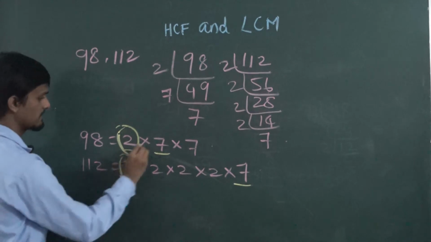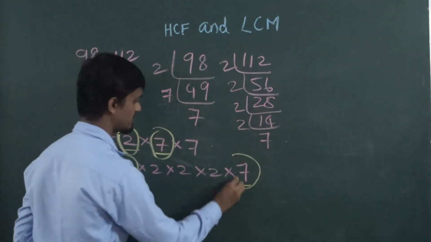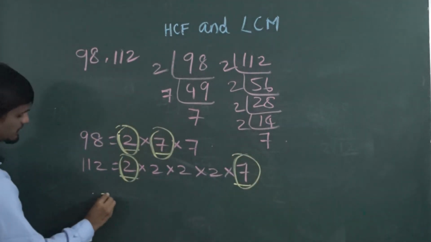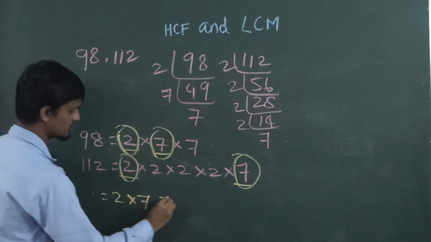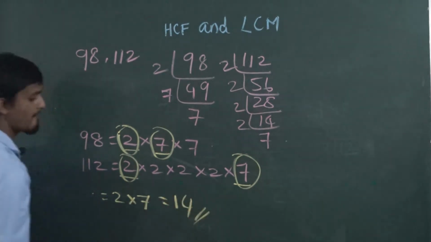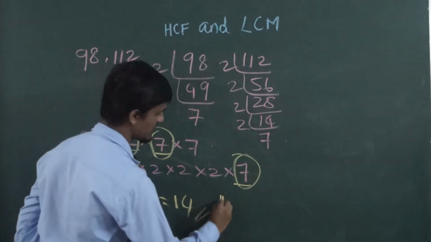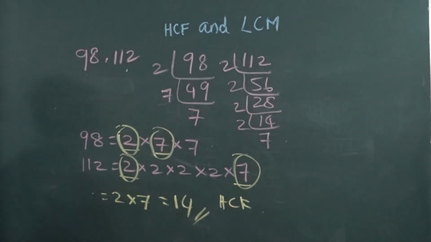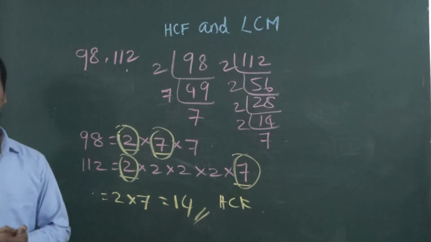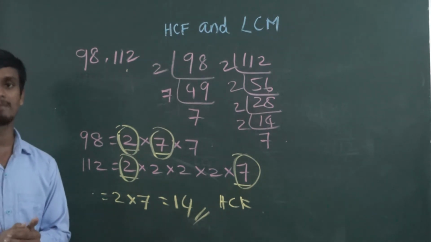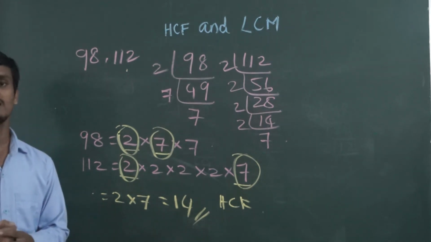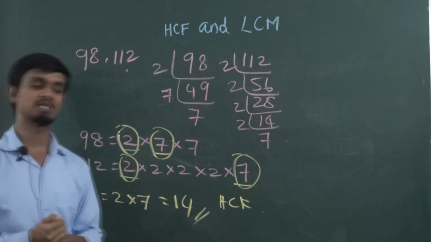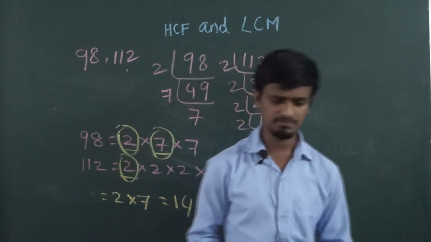So 2 into 7 is equal to 14. 14 is the HCF of 98 and 112. Like this only you have to find the HCF by using the prime factorization method. Then we will go for the next method.